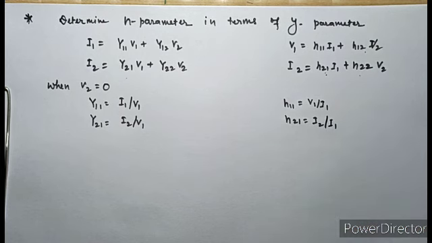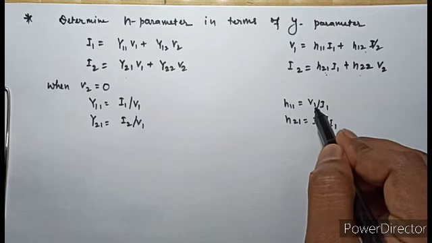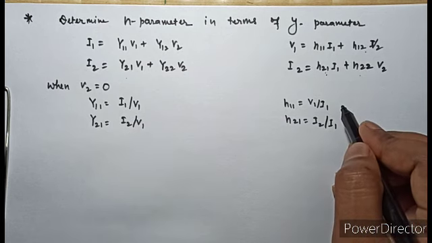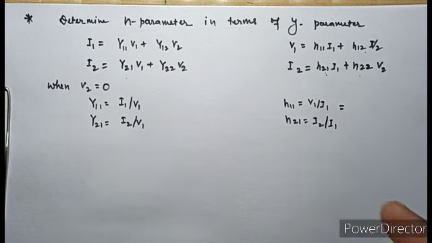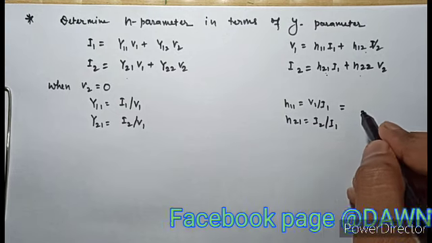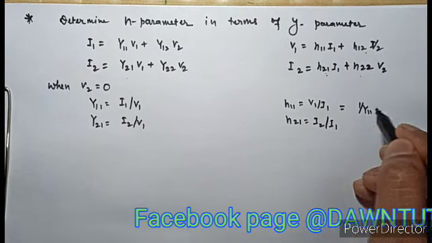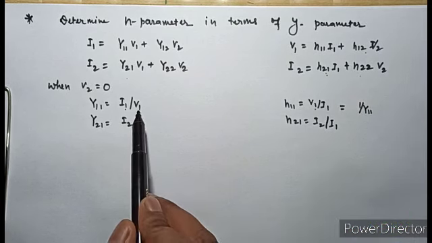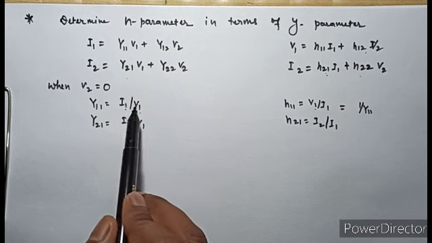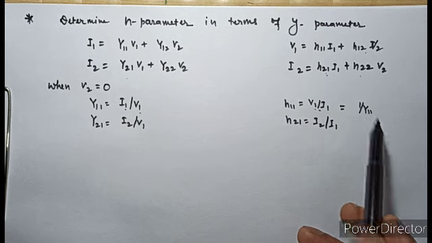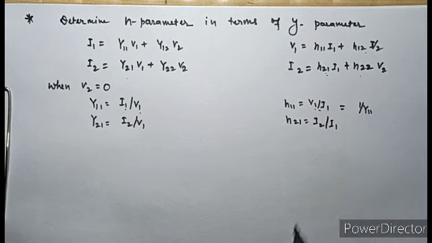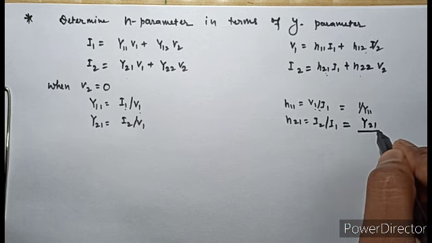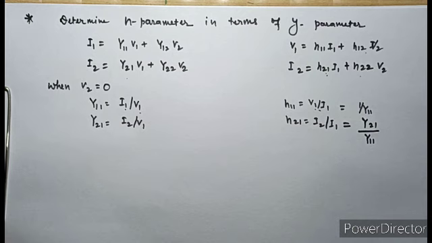I2 by I1. And see, this is V1 by I1. So this H11 is nothing but our 1 by Y11, right? This is V1 by I1, this is I1 by V1. So if I take the reciprocal of this, we will have V1 by I1, which is nothing but H11. So 1 by Y11, and this H21 is nothing but our Y21 by Y11.